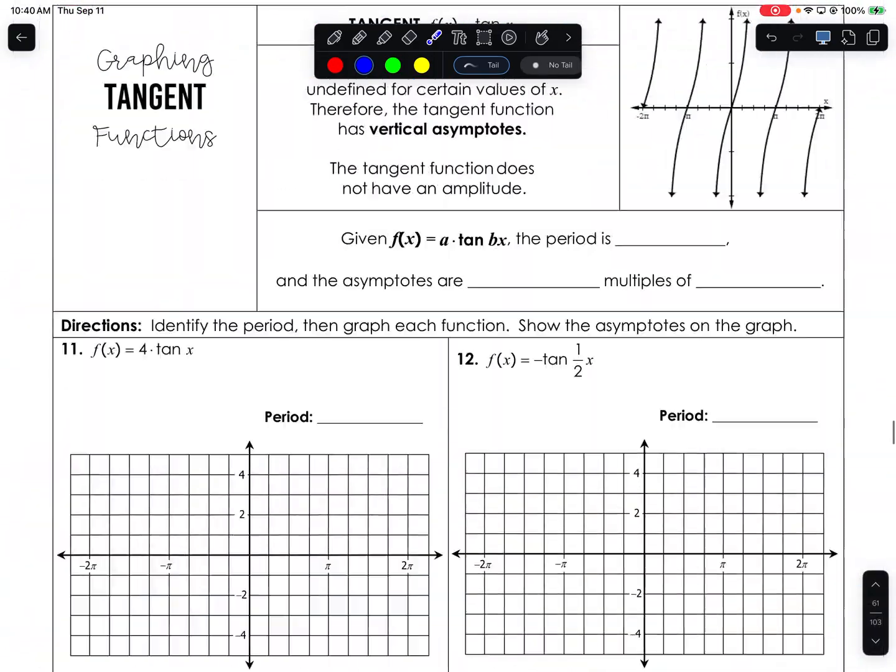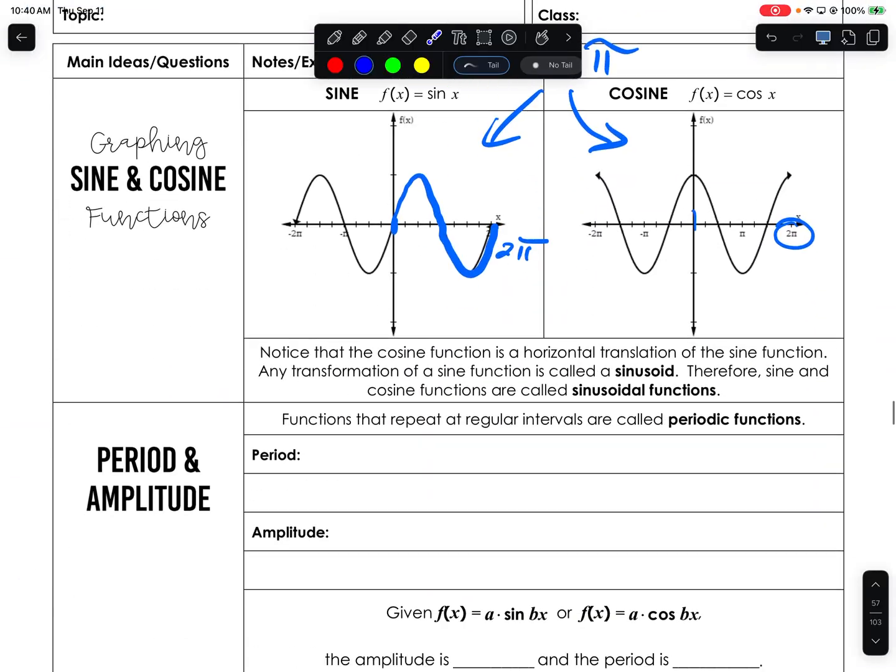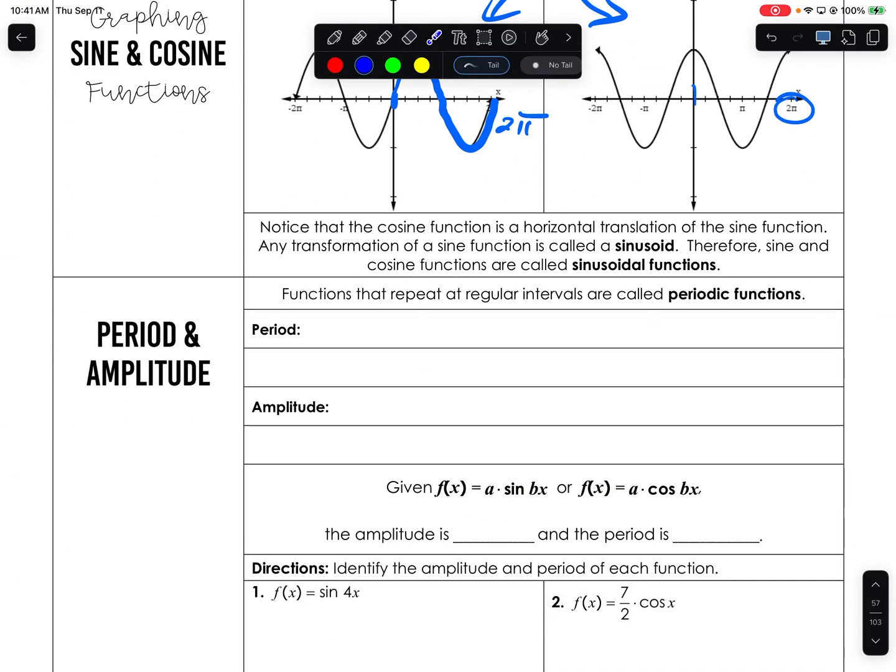All right, so period is 2 pi, amplitude. All right, so the period is a horizontal distance needed to graph one cycle of the function.